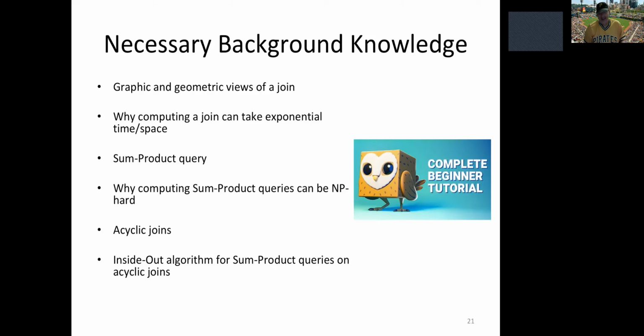All right, so I'm just going to hint at some of what these things are, just to try to convince you that this is not that difficult of background knowledge to acquire.